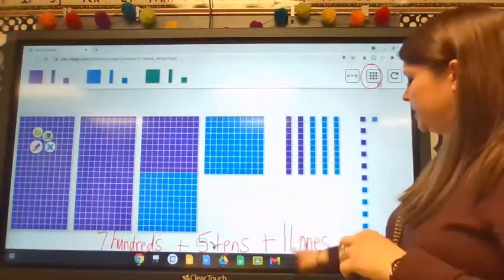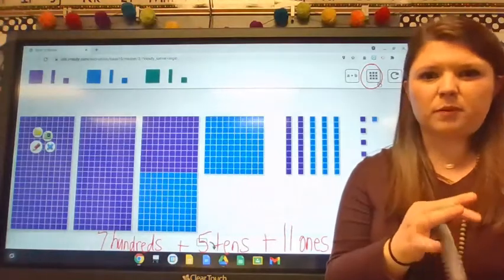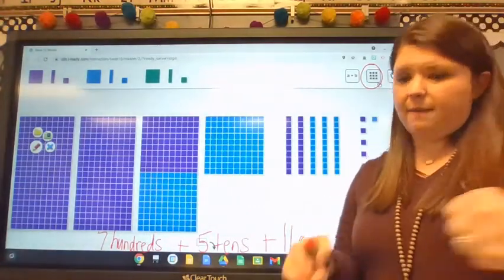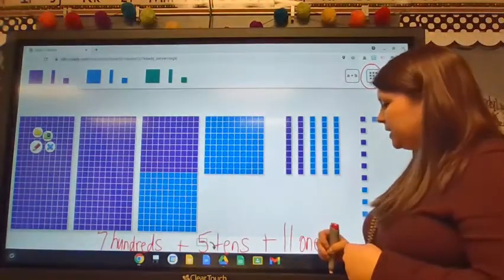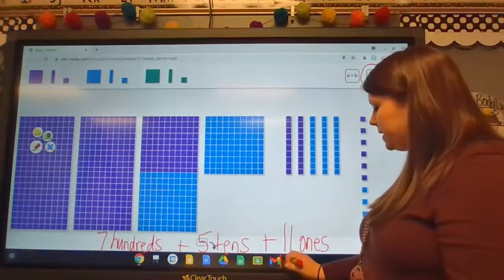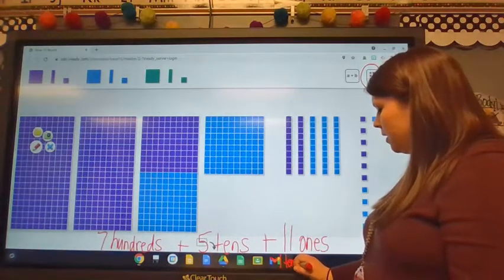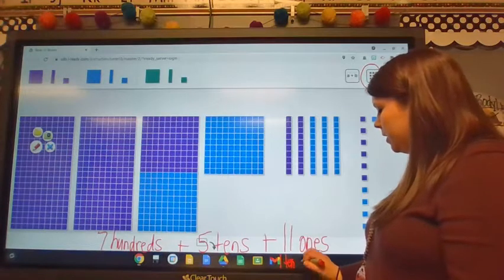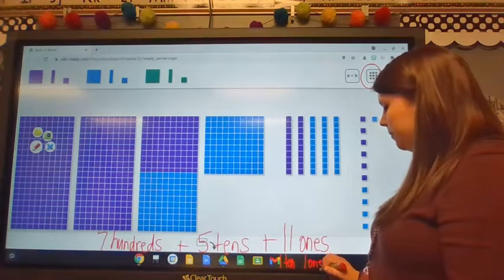Now let's talk about these 11 ones. This goes back to that problem before, and we can expand out that 11, right? We can expand 11 out into 1 ten and 1 one.